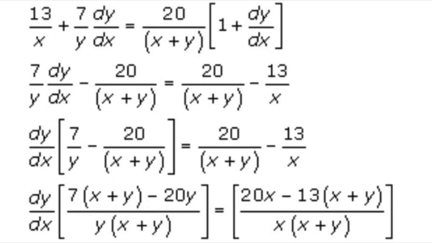So on the left hand side we'll get dy upon dx into, after cross multiplication in this bracket, 7 into x plus y minus 20y upon y into x plus y, equals to, by the same procedure on the right hand side, 20x minus 13 into x plus y upon x into x plus y.